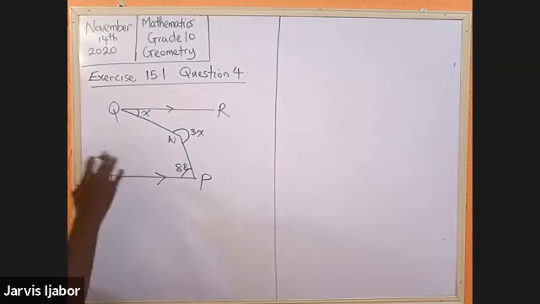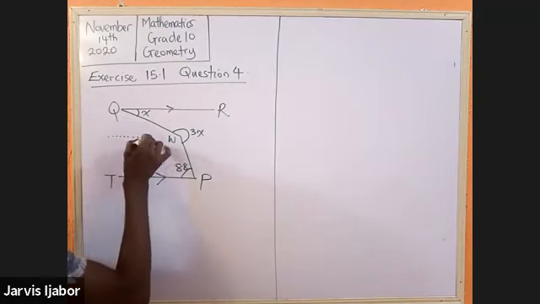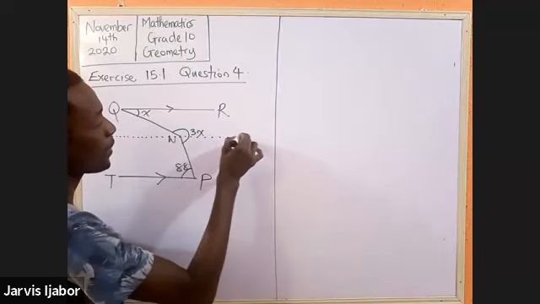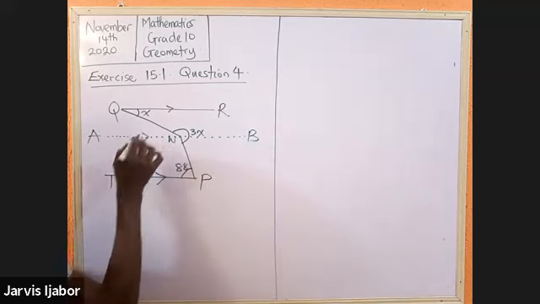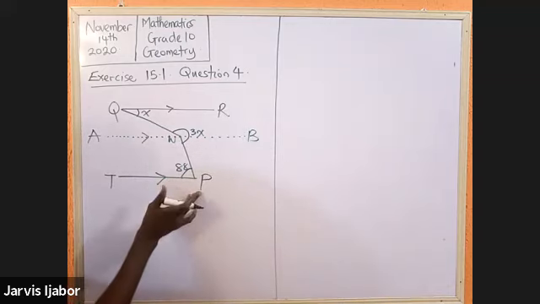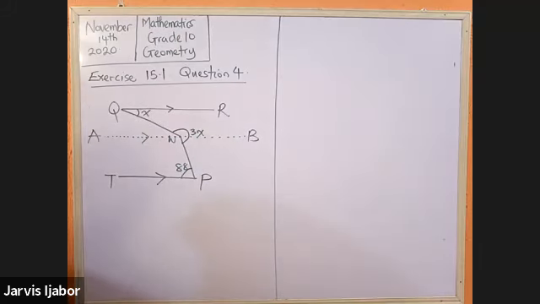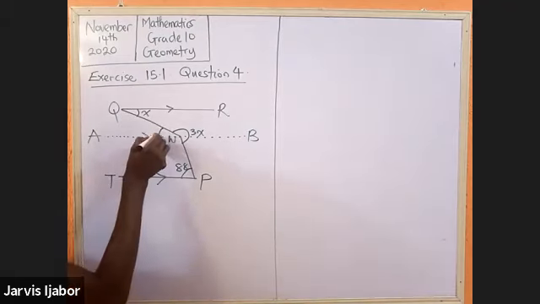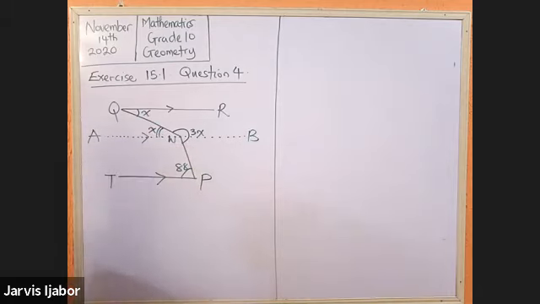Now, what you're going to do in solving this problem is to try to construct another parallel line. Let's call it AB, such that AB becomes parallel to TP and is also parallel to this. Now, once you've done that, what you will notice from your knowledge of geometry will be this: that this angle here will also become x by virtue of what?